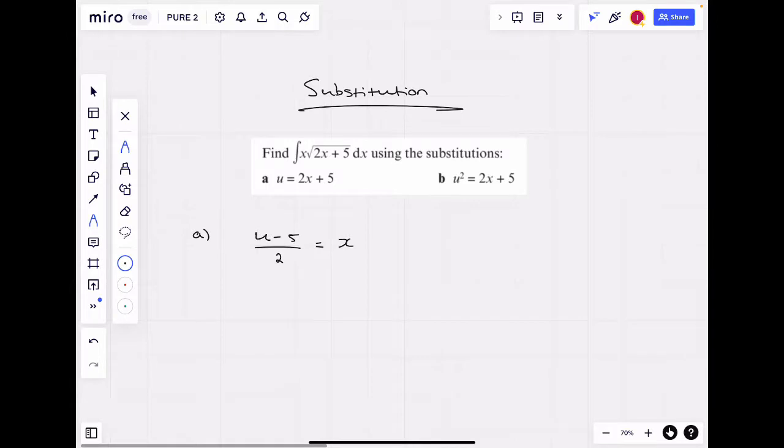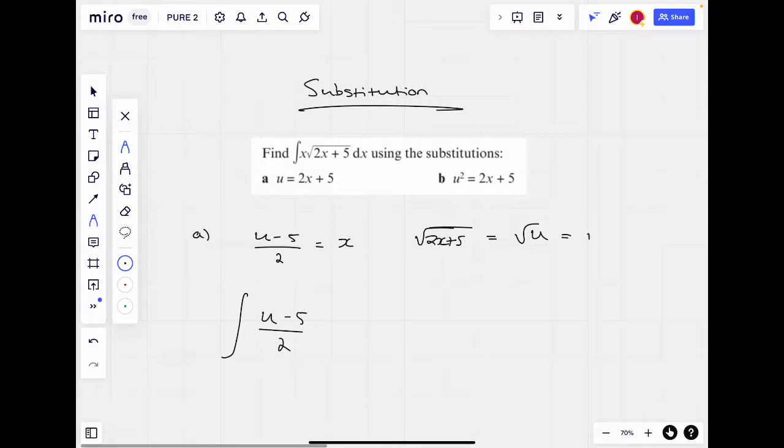So the integral of u minus 5 all over 2, and then you've got root 2x plus 5. Root 2x plus 5 is the same as root u, if u is equal to 2x plus 5.